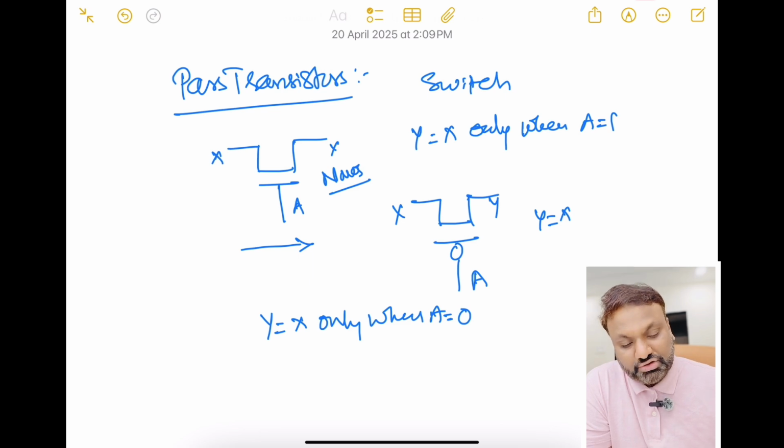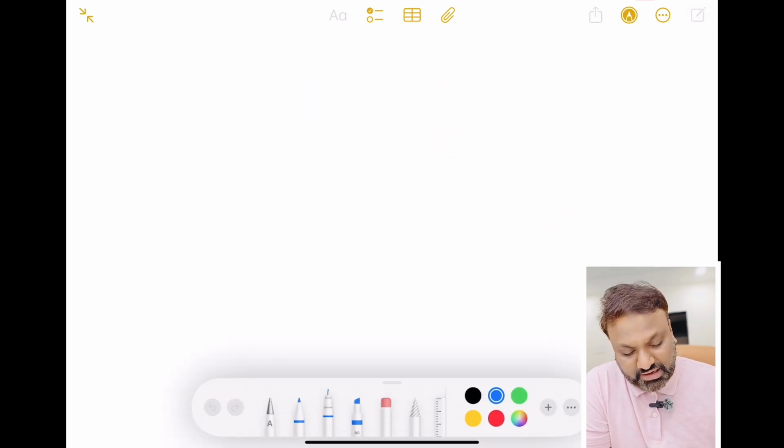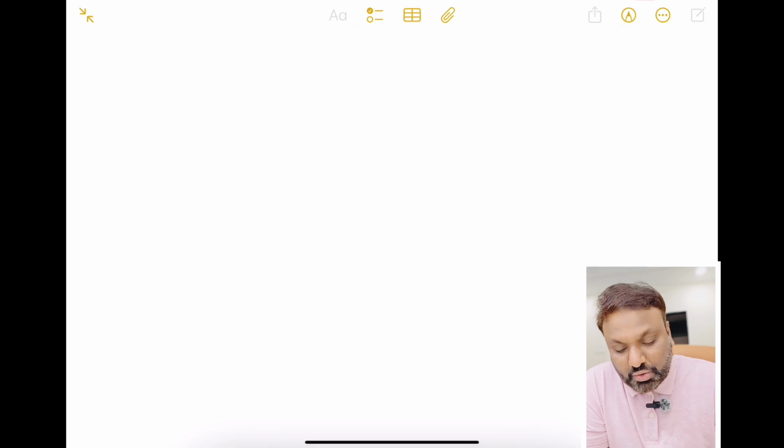So by using these two basic understandings we can design any gate using pass transistors. And the beauty of pass transistors is that with a simple structure, using only two transistors, we can construct any logic gate.